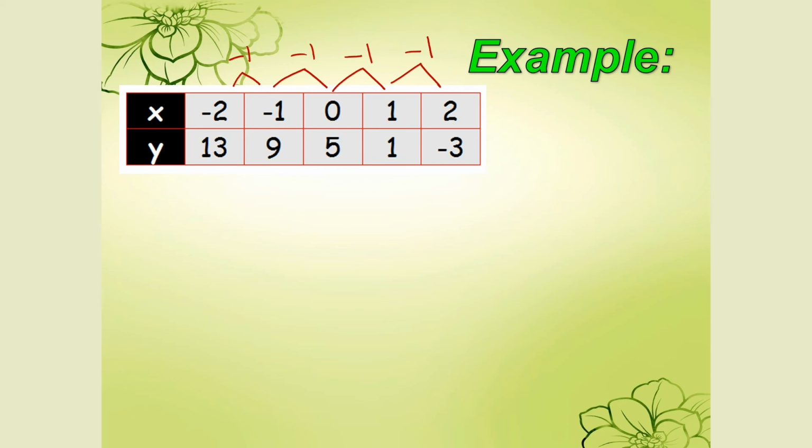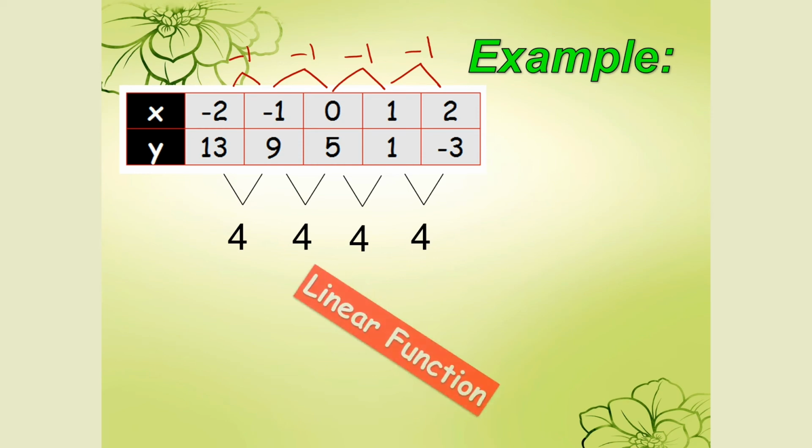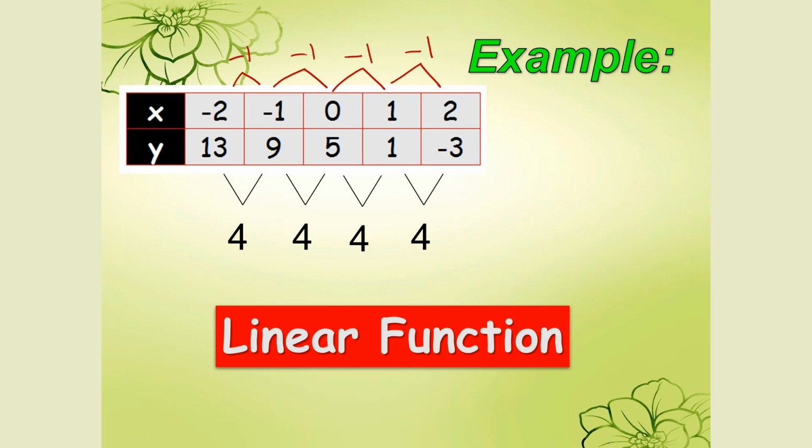So let's have the differences in y values. 13 minus 9 is 4. 9 minus 5 is 4. 5 minus 1 is 4. And 1 minus negative 3 is 4. So on the first taking of differences in the y values, they are already equal. This means this table of values shows a linear function.